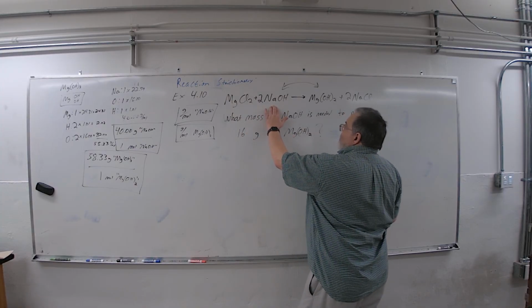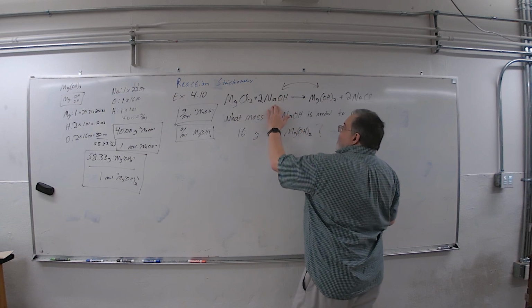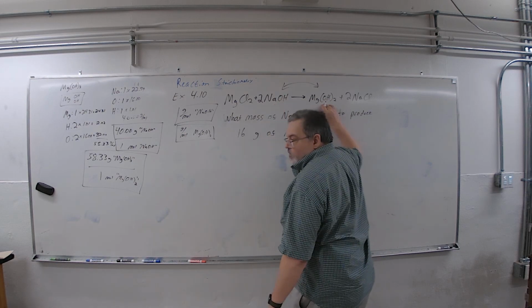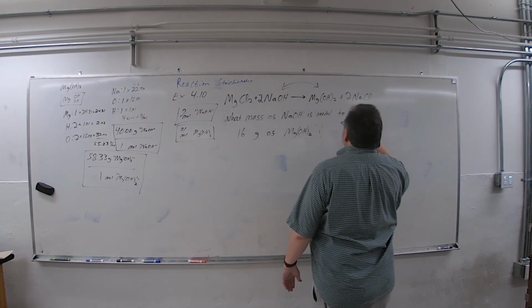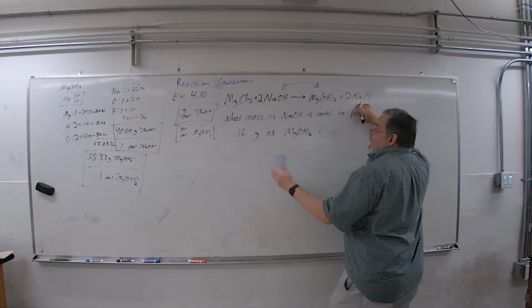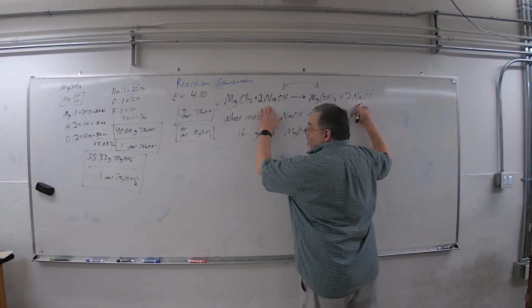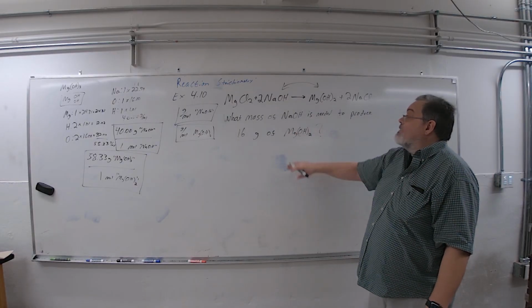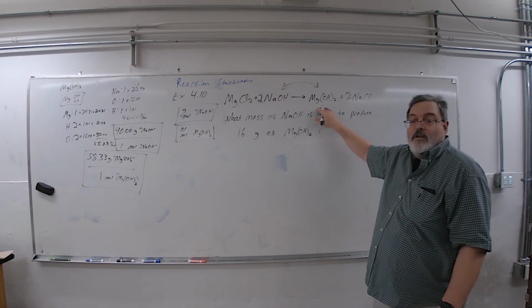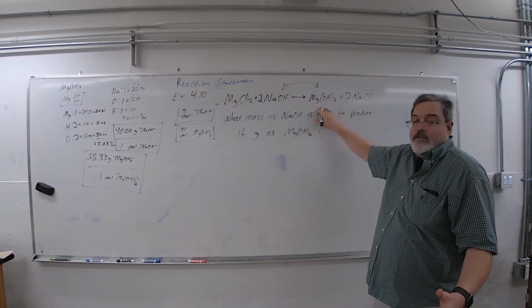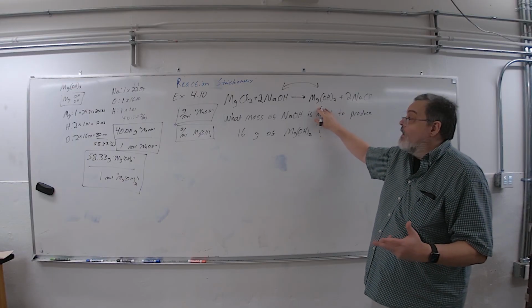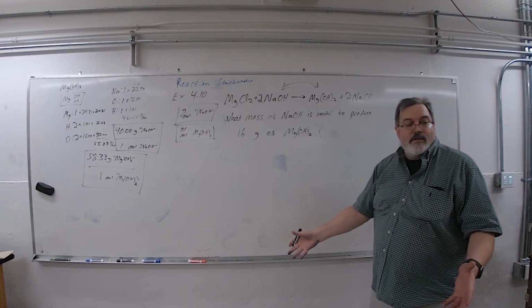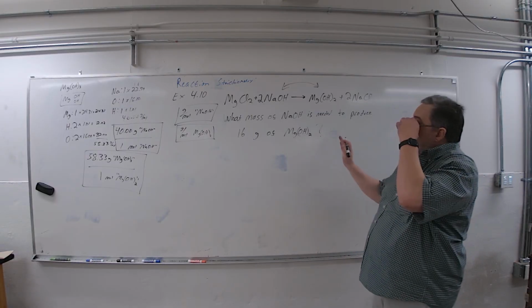But the phrasing might be, if I have this much of this, how much of this will be produced? Or it might say, if I've produced this much of this, how much of this reacted? But that's just the phrasing. We're relating NaOH to Mg(OH)2 by this equation. It looks exactly the same no matter which two you're comparing. You're just getting that relationship and sticking it into the calculation.